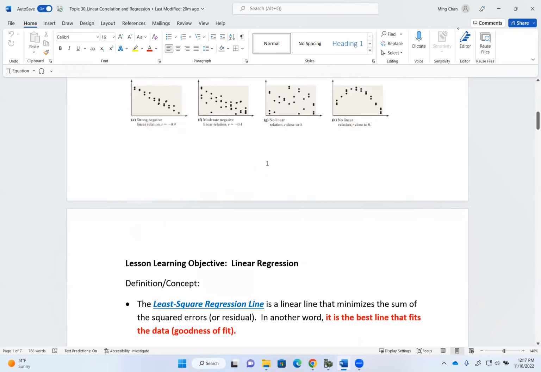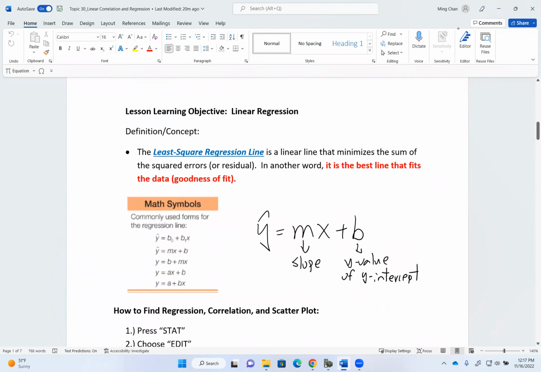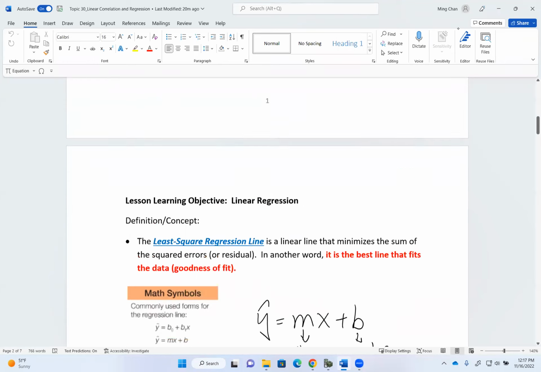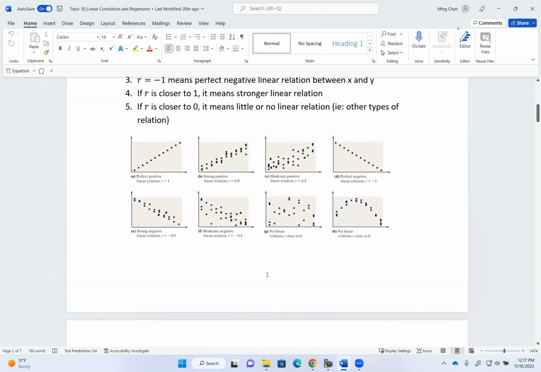This thing is called the least squares regression line. It's basically a linear line that minimizes the sum of the squared errors, or residuals. In other words, this linear line is the best line that fits through the data. It's called the goodness of fit.